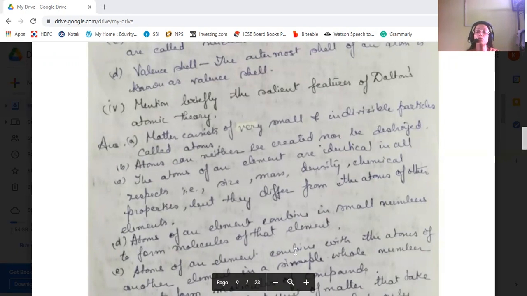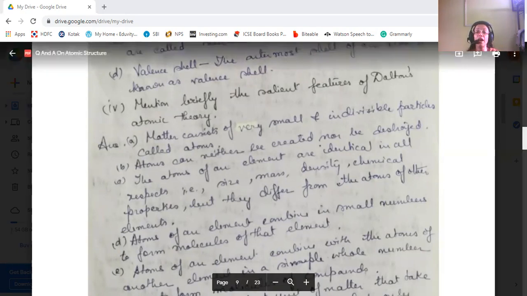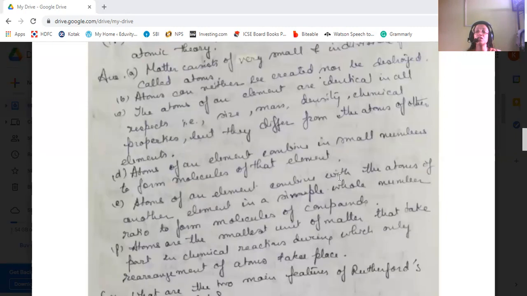Then atoms of an element combine with the atoms of another element in a simple whole number ratio to form the molecules of a compound. For example, water: they combine in the ratio of 2:1, that is, two hydrogen atoms and one oxygen atom.